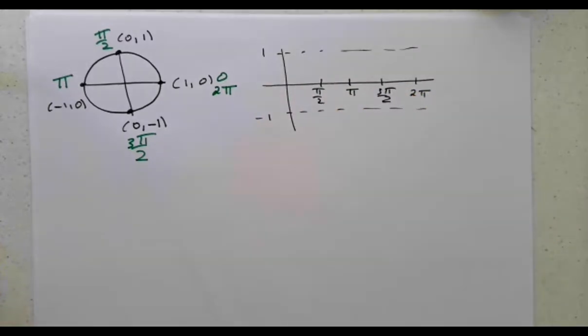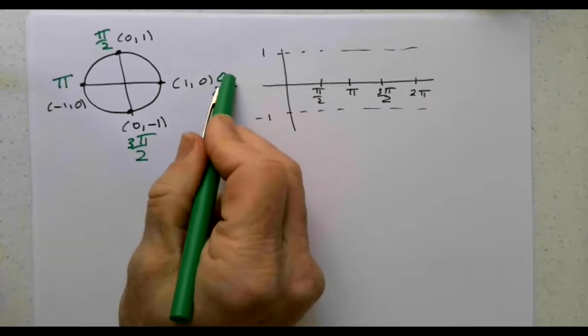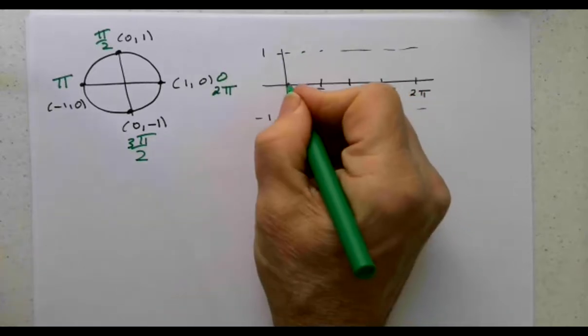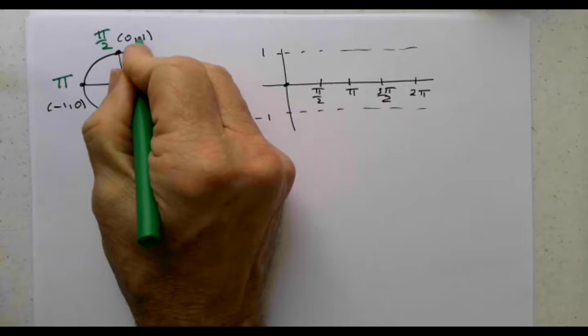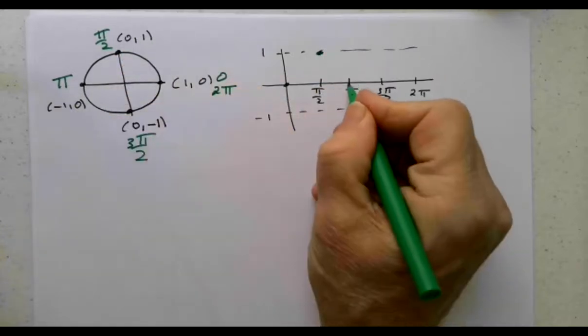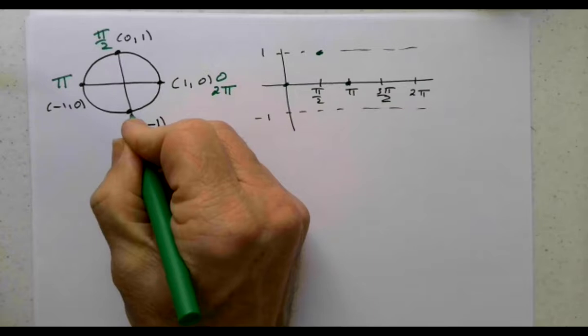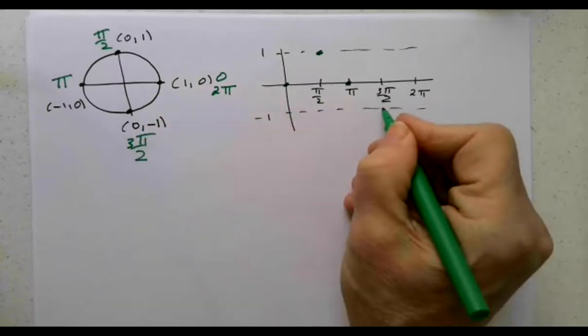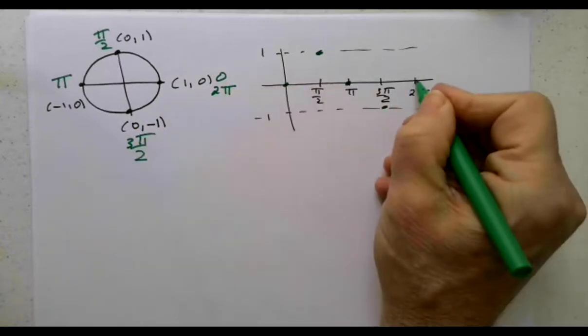So let's look at our y values. At 0 radians, sine is 0. At pi over 2, we're up to 1. At pi, we're down to 0. At 3 pi over 2, the y value is -1. And at 2 pi, we're back to 0.